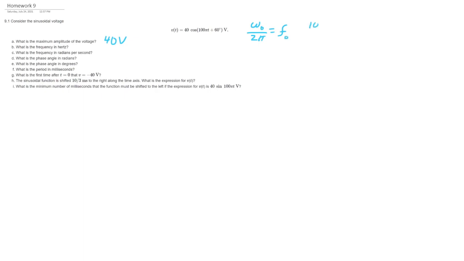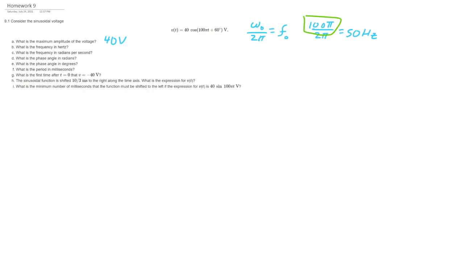Well, if we have 100 pi divided by 2 pi, that's 50 hertz. The angular frequency is actually given right here. It's 100 pi radians per second. So in 1 second, there are 50 complete revolutions on a circle.